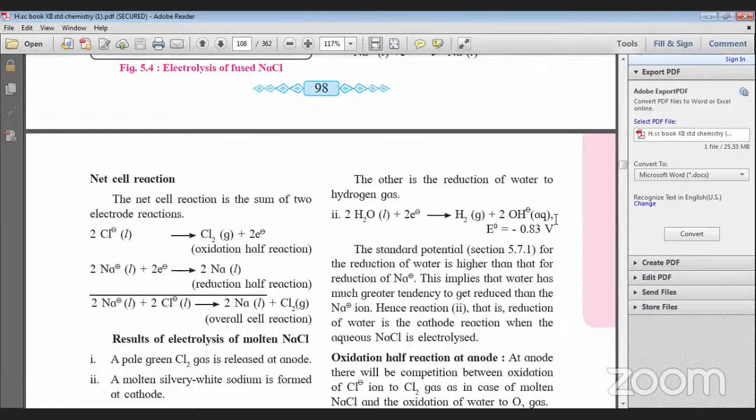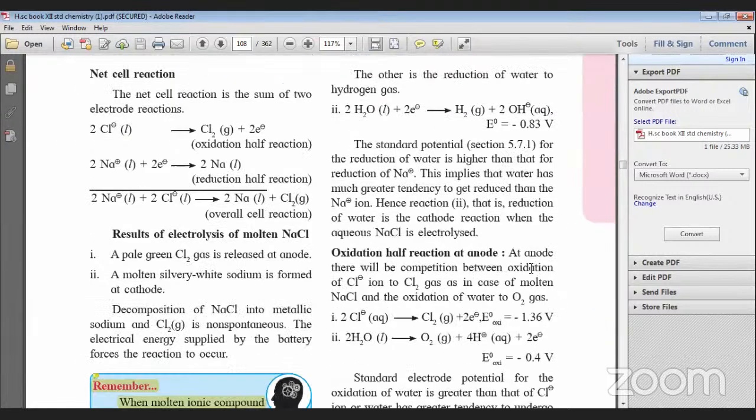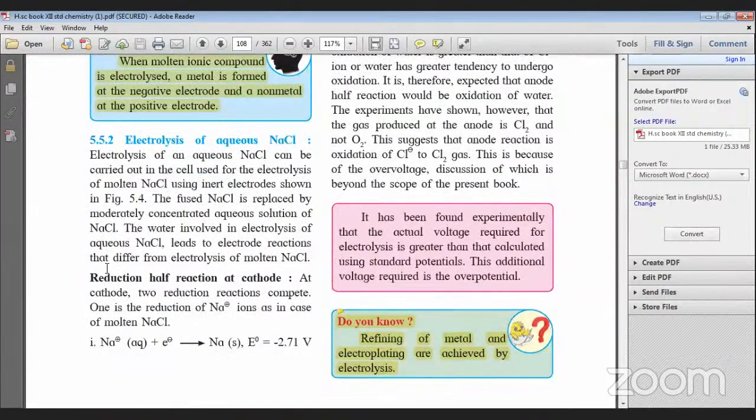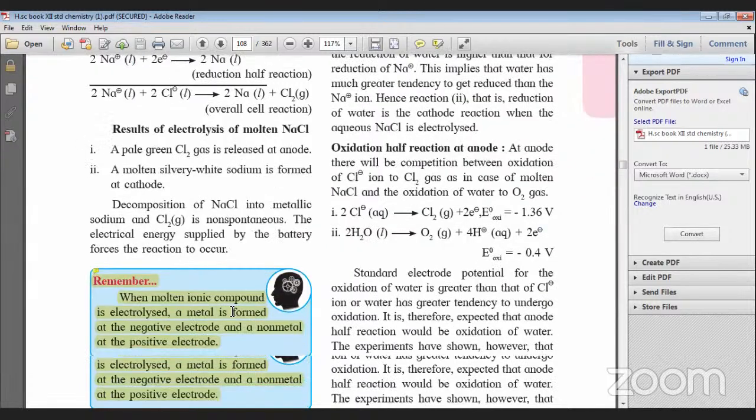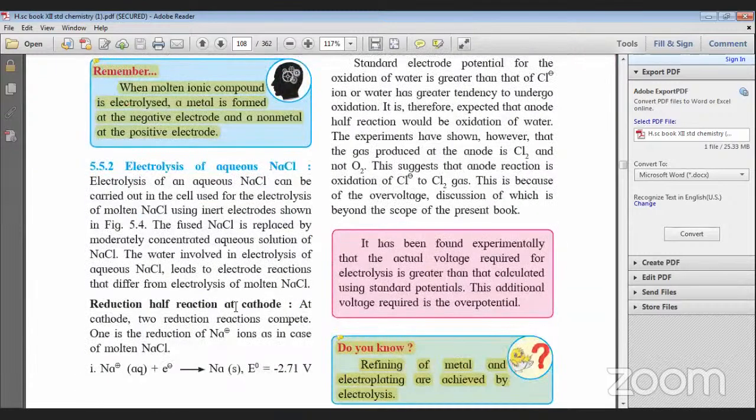As its electrode potential is higher than that of minus 2.71, which is a negative value, this value is lesser in magnitude as compared to this because it is closer to 0. So as it has a higher electrode potential, this reaction will take place rather than this. So there is a possibility of two reactions happening.